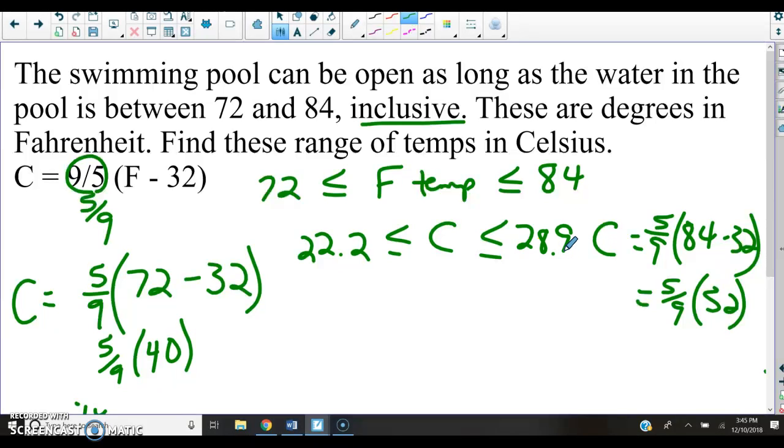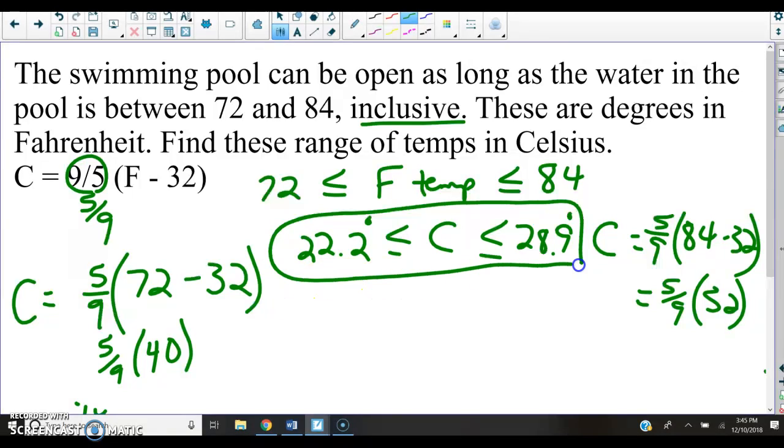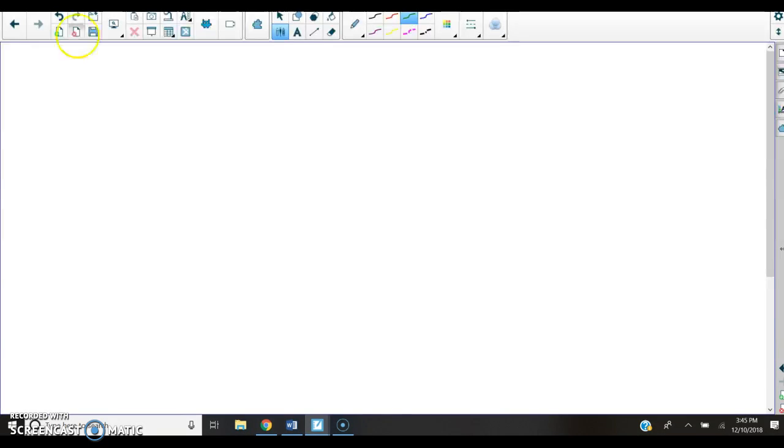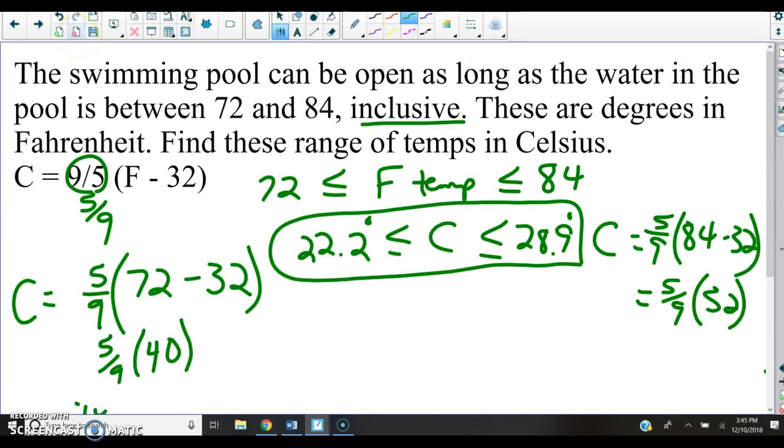So the range of temperatures in Celsius is going to be from 22.2 to 28.9 degrees Celsius. Okay, there we go. Sorry about my typo. I'll have to go back and change that. There's the notes for lesson 6.4. Hopefully you understand those compound inequalities. Anytime you have two inequalities for the same problem, it's a compound, whether it's called and or.